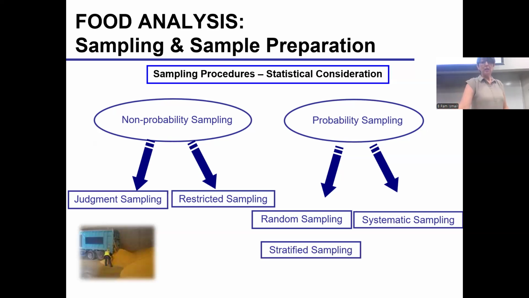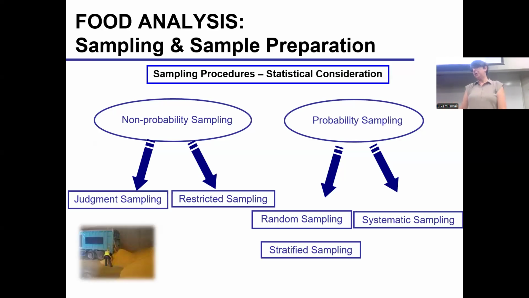Okay. Stratified sampling, I'll give you two examples. One, let's say a company produces tomato soup, and you have 100 different branches across the US. Then you would say, okay, I will stratify based on the locations, and within each location, I will randomly take a set number of samples to analyze using random sampling.